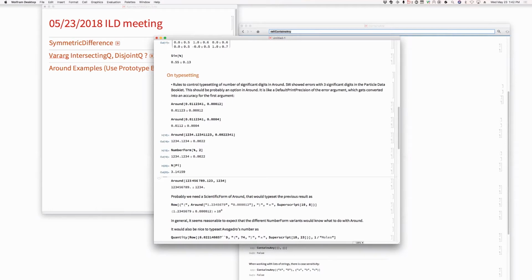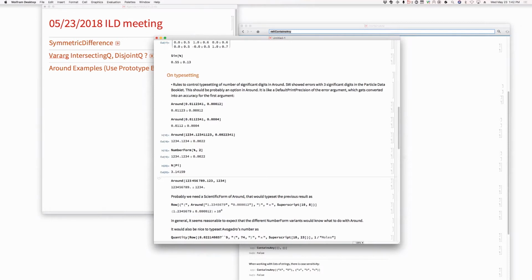I think they should both be given some. Maybe they should both be dollar variables. We could also have an option in round itself. So far, round doesn't have options, but it could have. Yes, I understand.